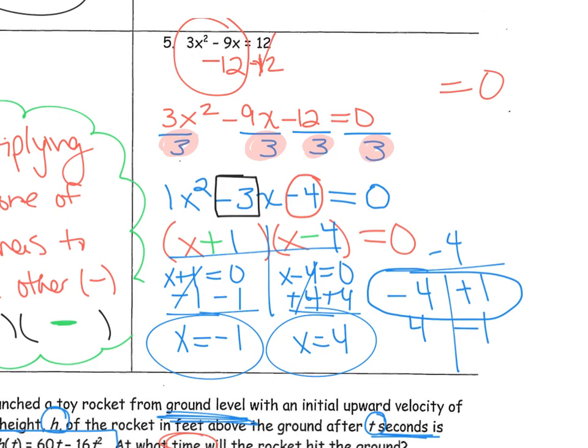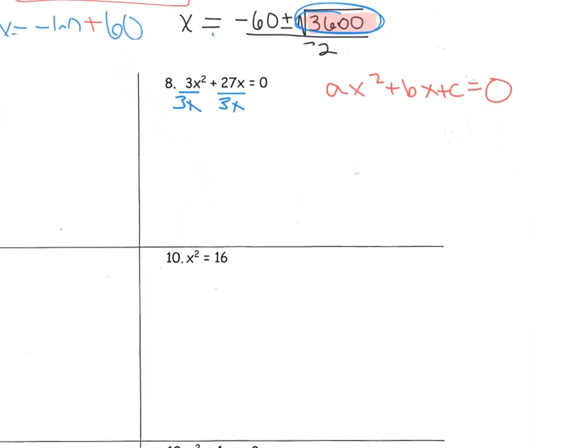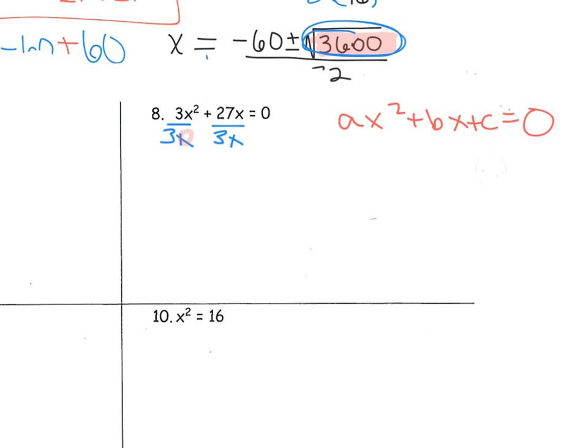That's only okay if you're dividing everything out by a number. There's no variable here. But if you look with question number 8, there's a variable. You cannot divide 0 by a variable. This is wrong. You cannot divide by a variable.